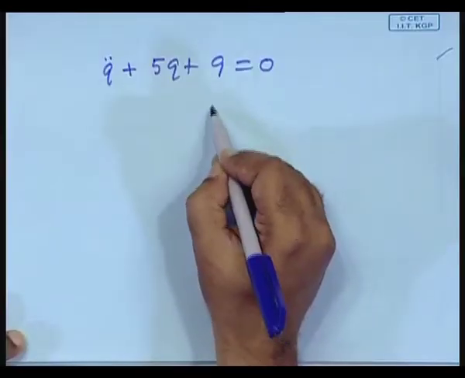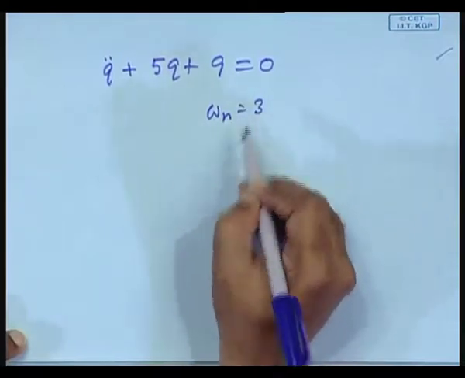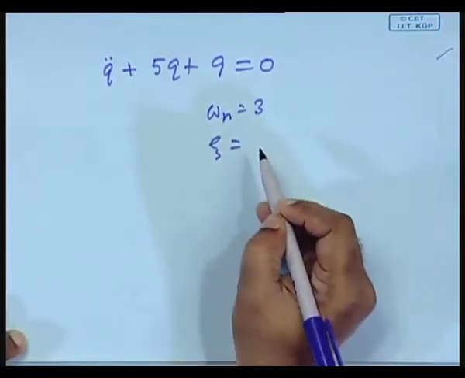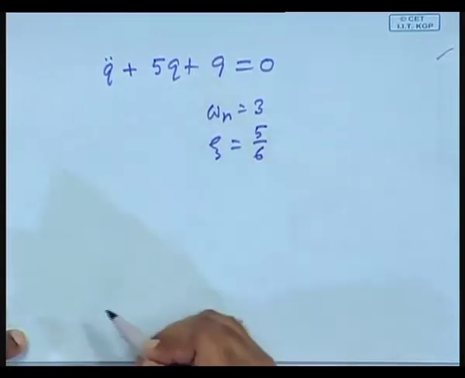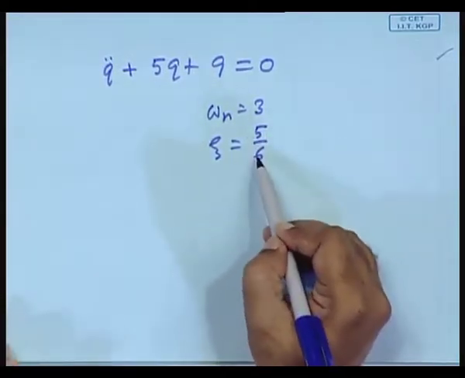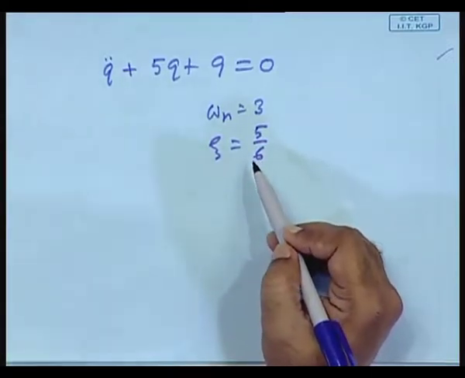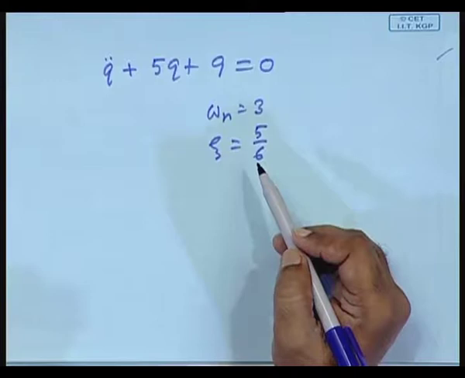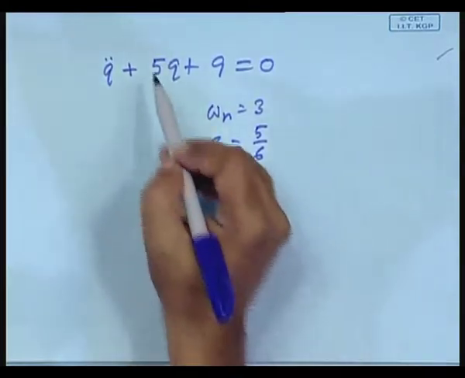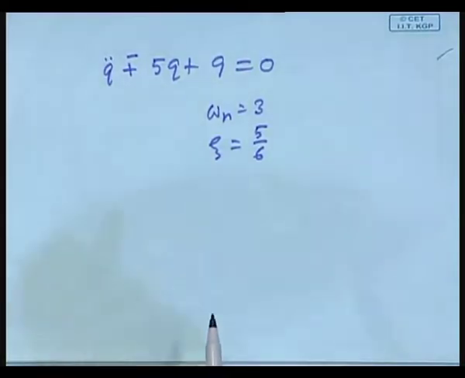In this case, your omega n is 3 and zeta is 5 by 6. So, this is less than 1 and therefore, it will be a decaying sinusoid. When will it be a growing sinusoid? Which term is negative? So, if this term is negative, yes, it will be a growing sinusoid.